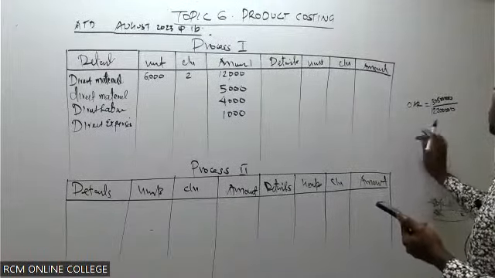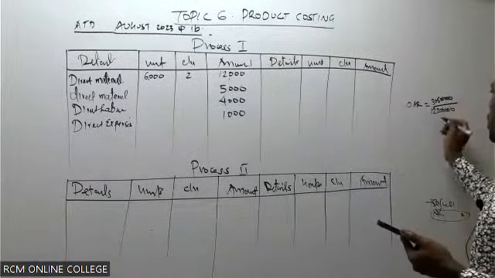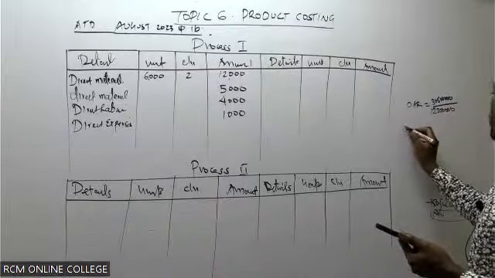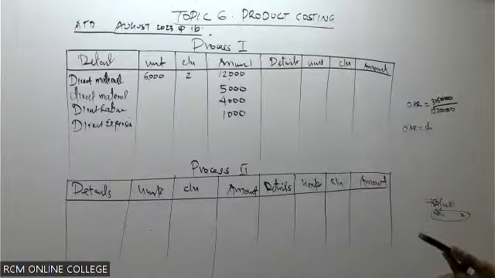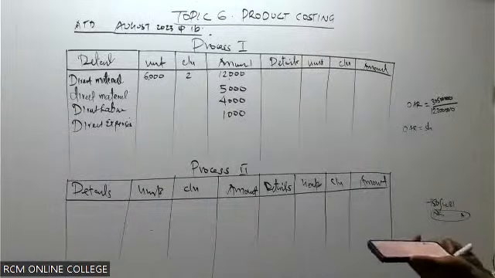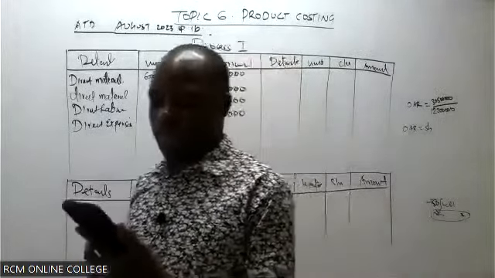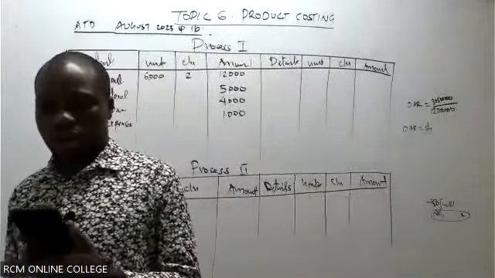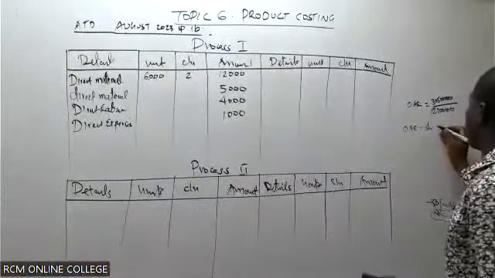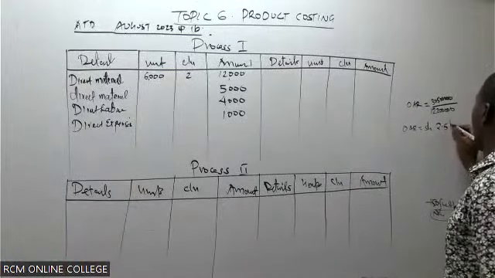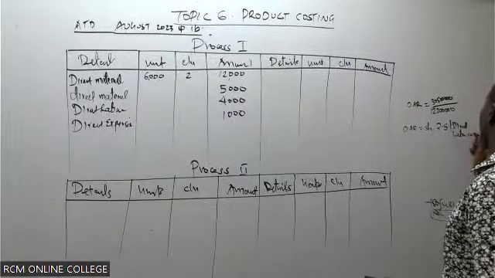So it will be shillings per direct labor cost. Somebody to do this and give us the overhead absorption rate. Somebody to do that. Tutakuwa na ngapi? 3,500 divided by 12,200. Tutakuwa na ngapi? So we're going to have shillings 2.5 per direct labor cost.